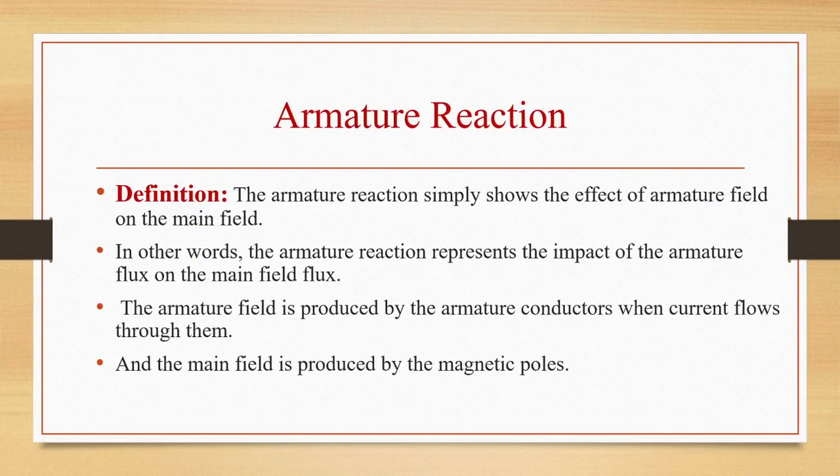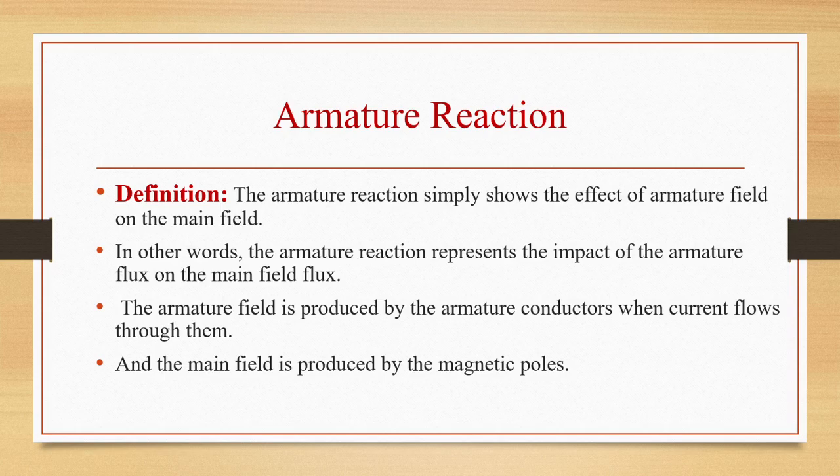Armature reaction simply shows the effect of the armature field on the main field. In other words, armature reaction represents the impact of the armature flux on the main field flux. The armature field is produced by armature conductors whenever current flows through them, and the main field is produced by magnetic poles.